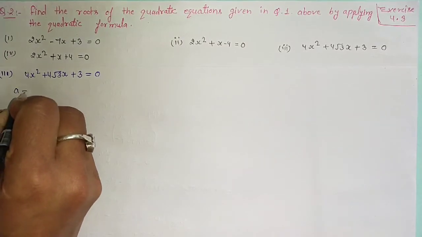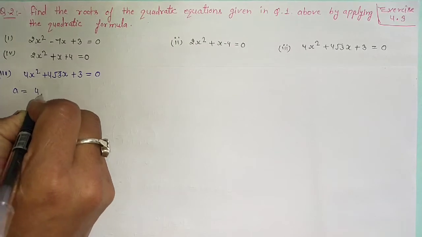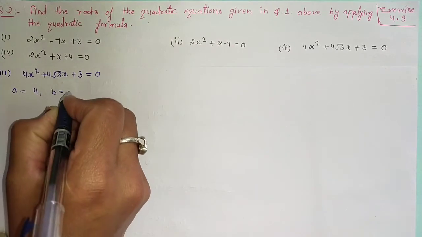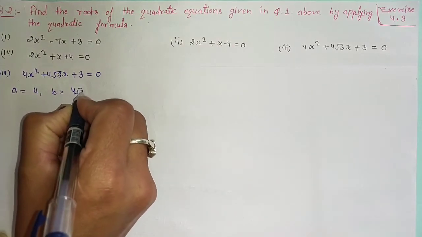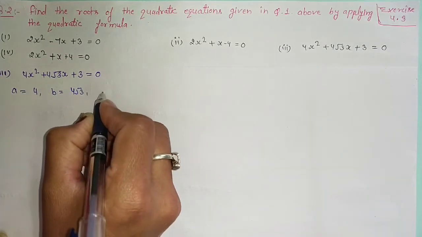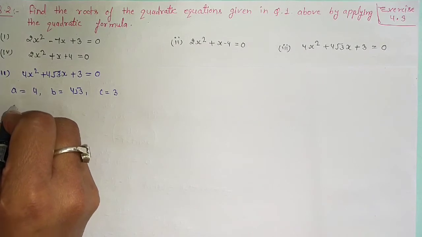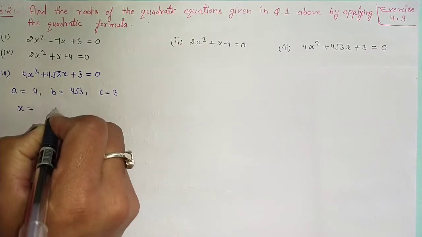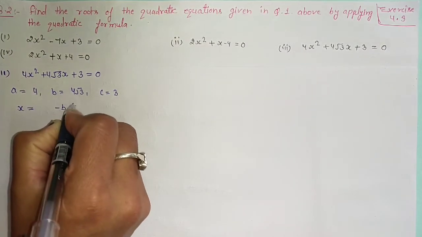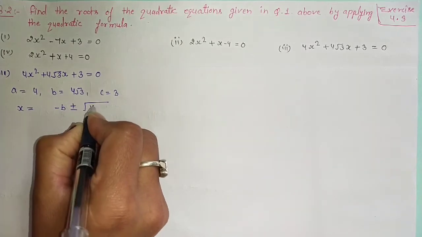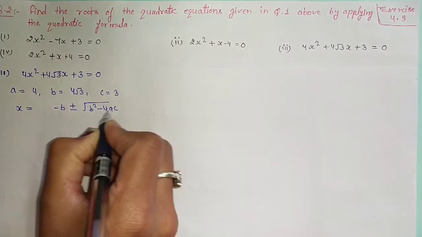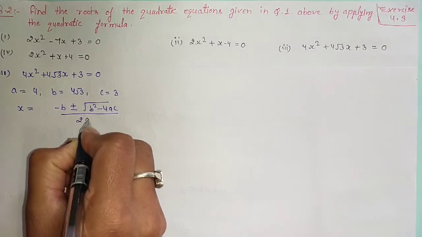Here a equal to coefficient of x square, that is 4, b equal to coefficient of x, that is 4 root 3, and c is constant term, that is 3. And we know that the quadratic formula is minus b plus minus root of b square minus 4ac upon 2a.